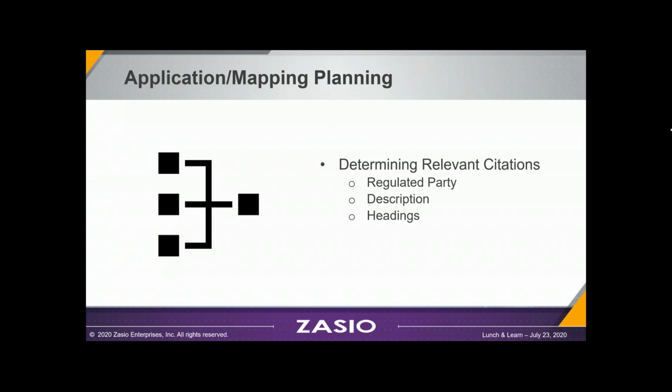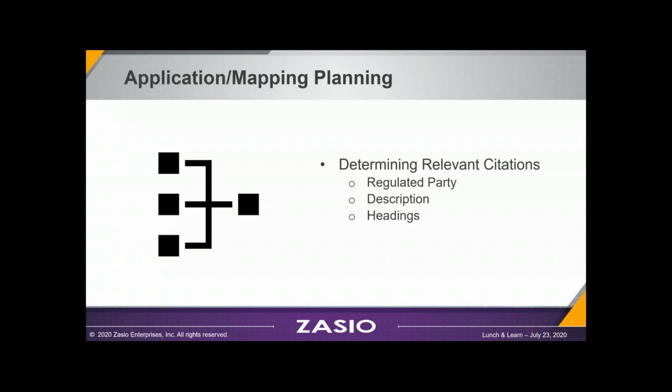And then as well, the headings similarly provide guidance, maybe at a higher level. I think it's helpful. It provides a little bit more context. You look at the headings and you'll understand now, okay, the regulated party just says licensee, but when I get into the heading, one of the chapter headings relates to nuclear, or that's maybe the title of the law, for example.